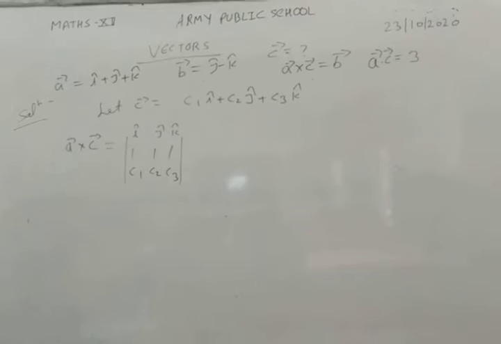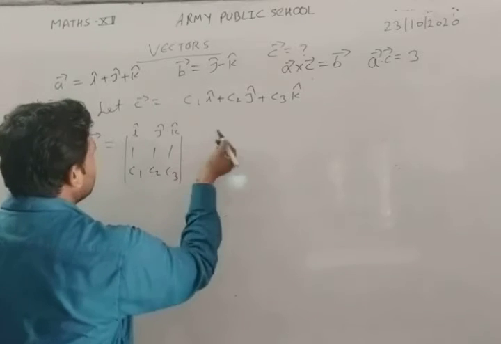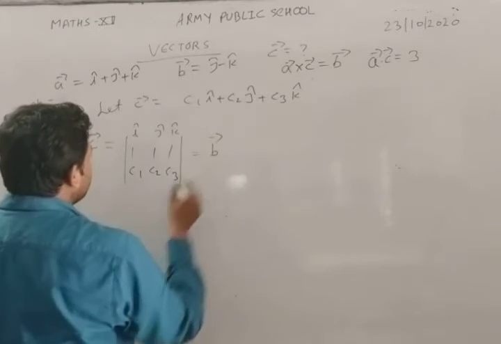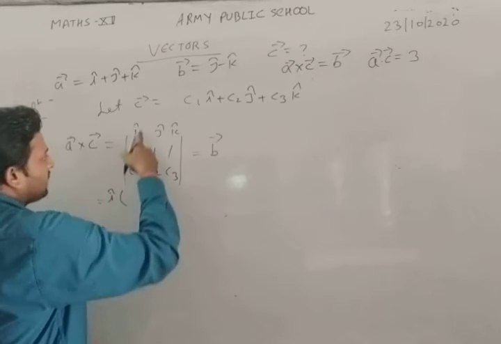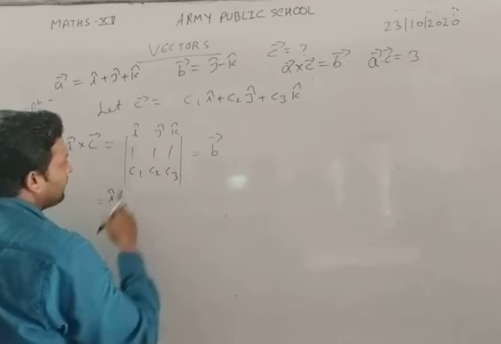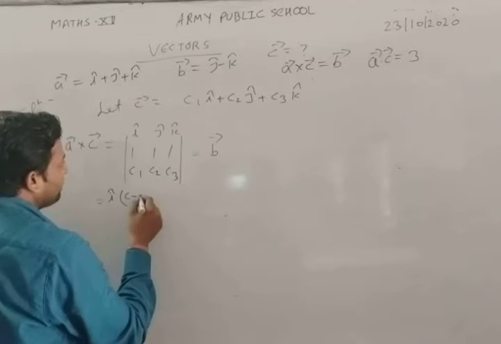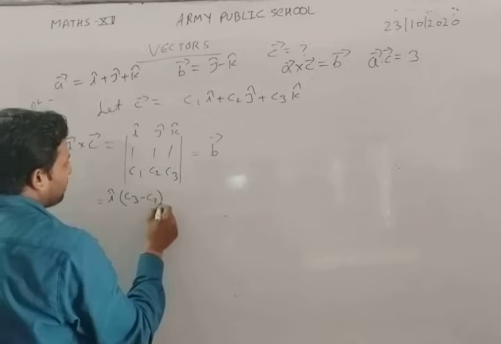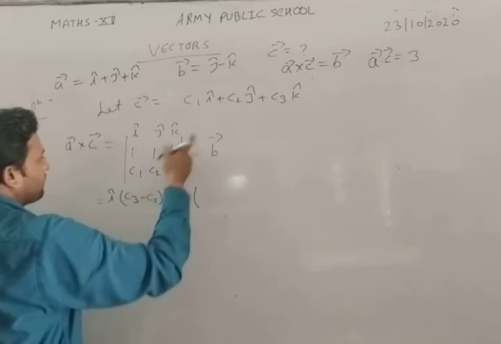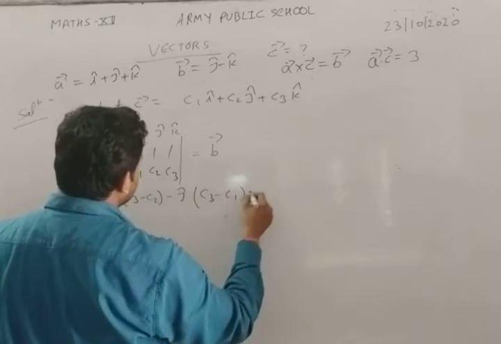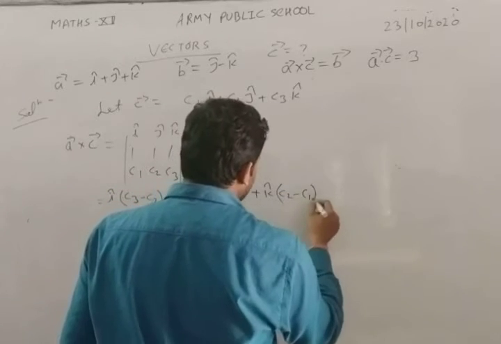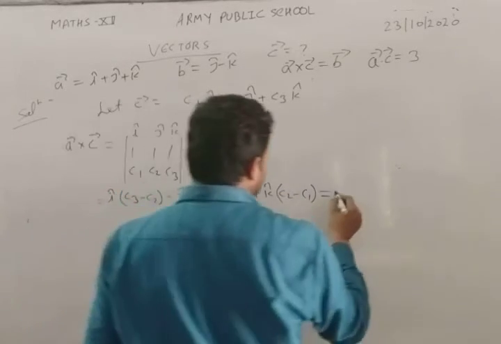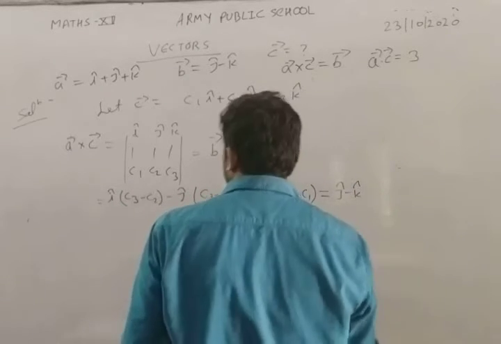So we can find our A cross C, which is equal to vector B. Taking I, the first row and first column disappear, so it will be C3 minus C2. Minus J, again it disappears, so we write C3 minus C1. Plus K, so we write C2 minus C1, is equal to vector B, which is J minus K.